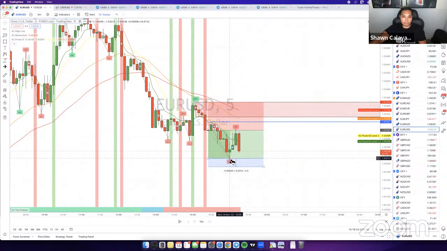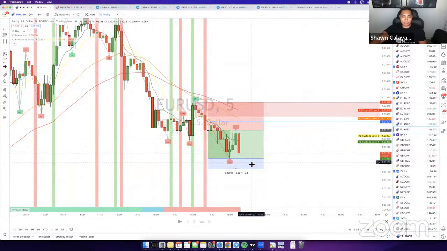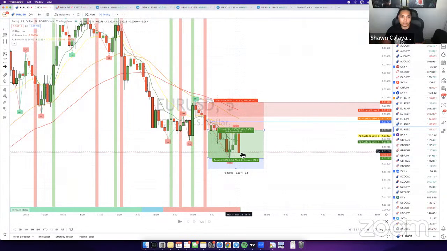And then it would have hit your TP, but you actually wouldn't get closed out. You would still be stuck in the position because your spread here is like 2 pips. It's actually 2.5. So you have to cover this much to get out of the trade. You'd be in profit, but your TP would not get hit because you still have to cover that spread right there.